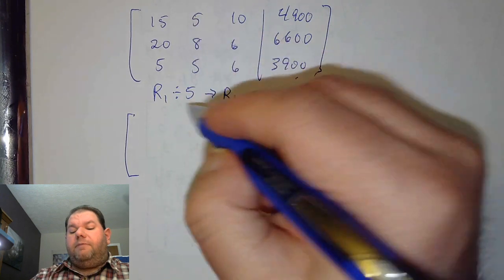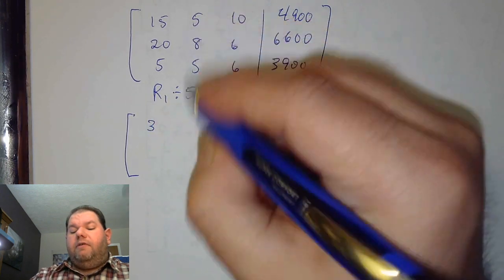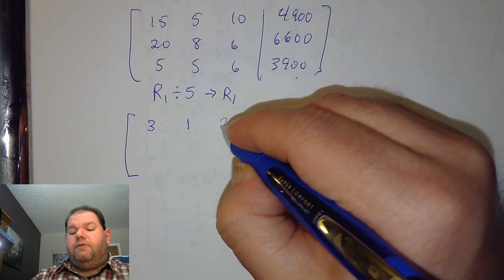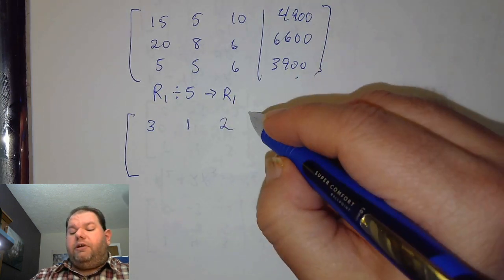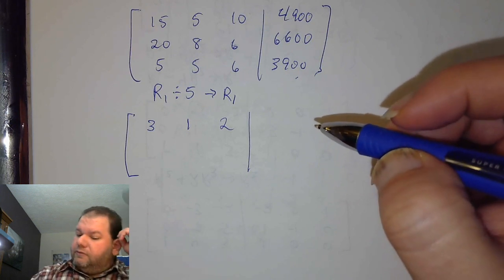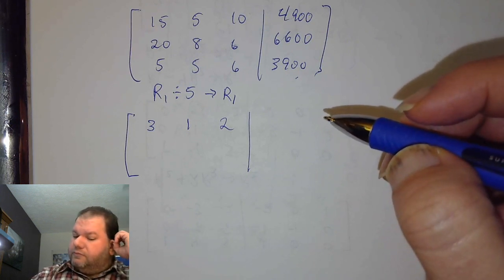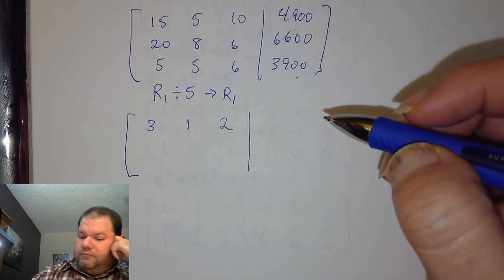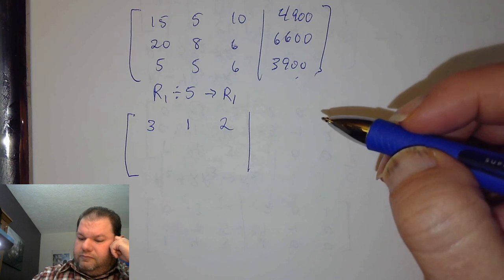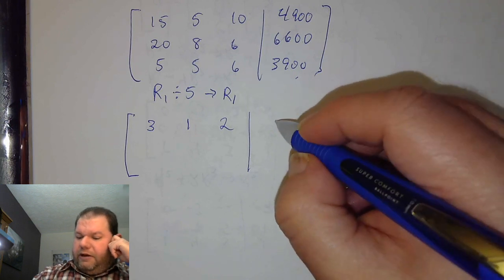So 15 divided by 5 is 3, 5 divided by 5 is 1, 10 divided by 5 is 2, and 4,900 divided by 5 is 980.